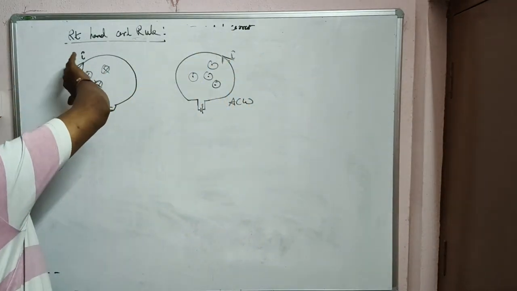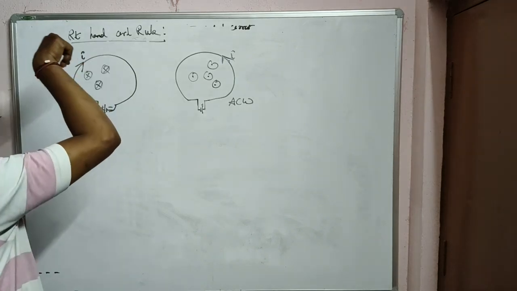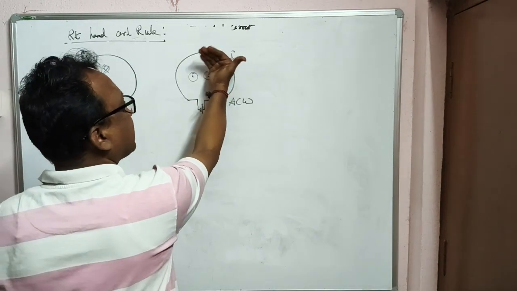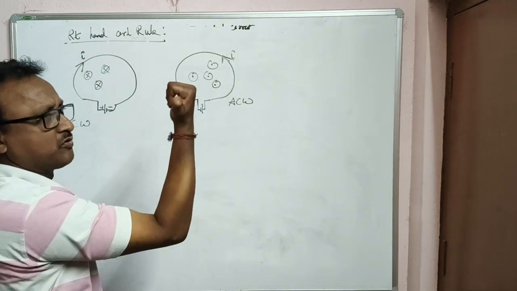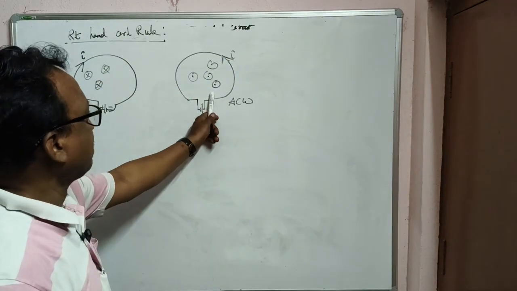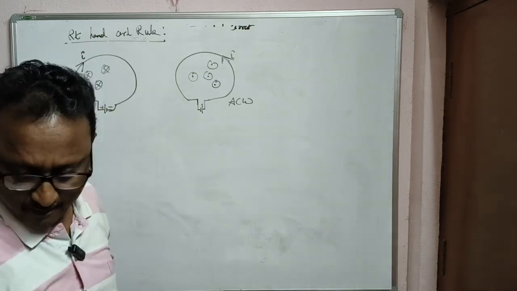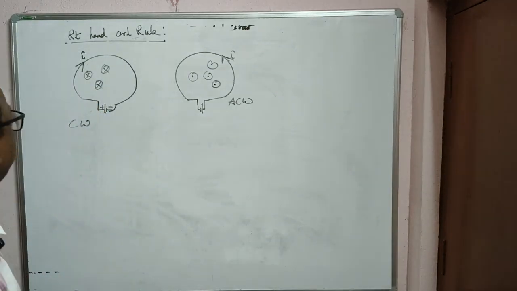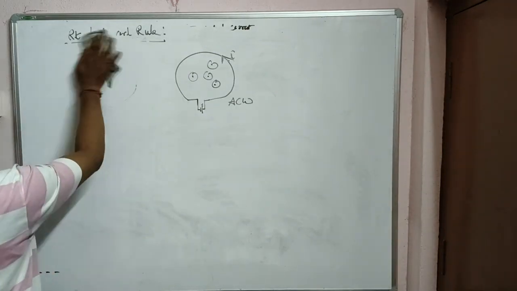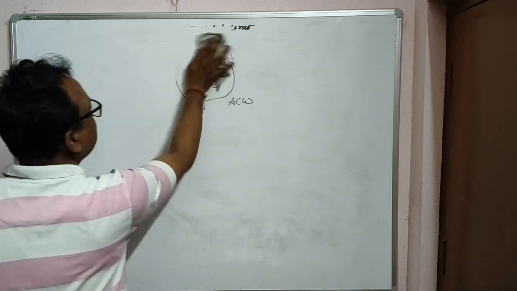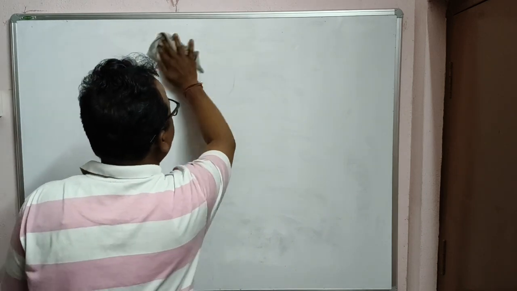Curl the fingers along the direction of current, the thumb indicates into the board. Curl the fingers along the direction of current, the thumb is going outside. So here outside magnetic field, here inside. It may be a little advanced, but you can apply this to find the direction of magnetic fields.